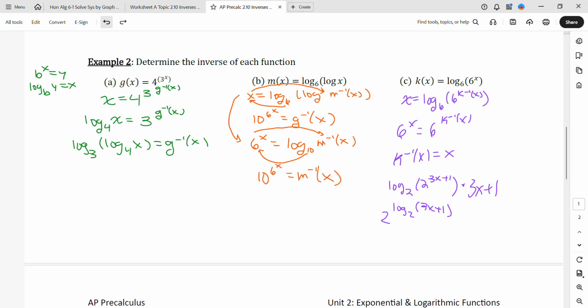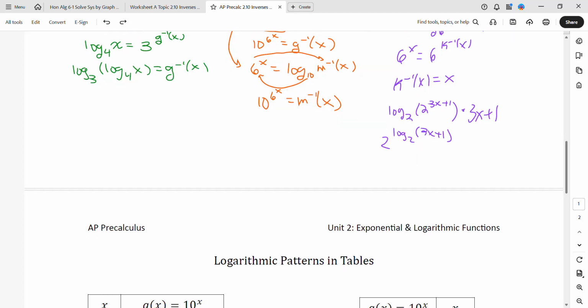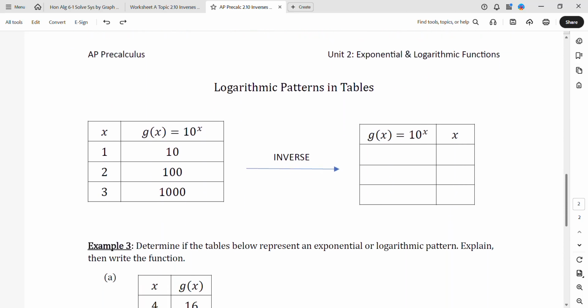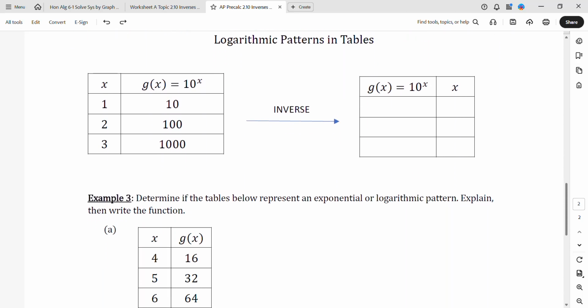All right. We have about 10 minutes left. Okay. We are going to talk about tables. Like I said yesterday, the last place that you're going to be asked to look at a table to determine the pattern is a logarithmic function.